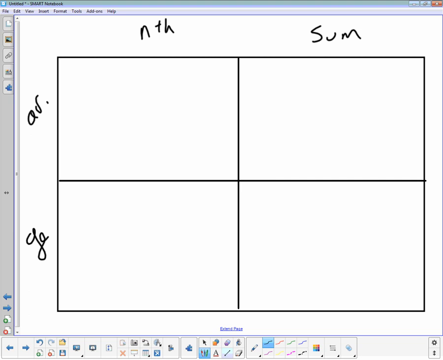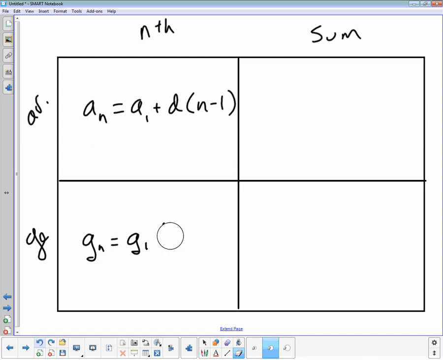Okay, so if I want the nth term of an arithmetic sequence, if I want the nth term of a geometric sequence, I'm thinking of the sum. Whoops.